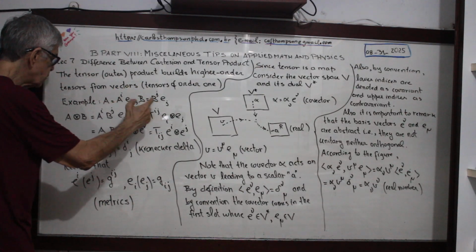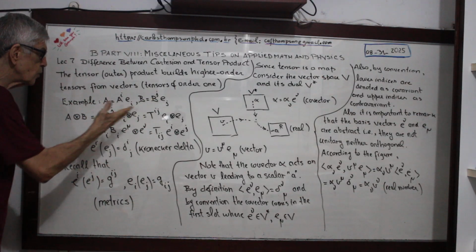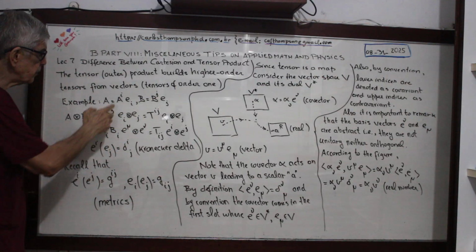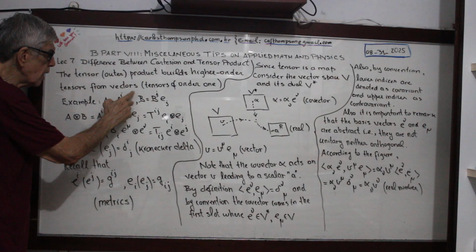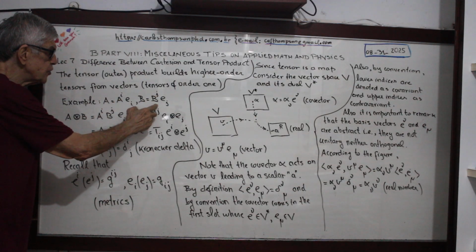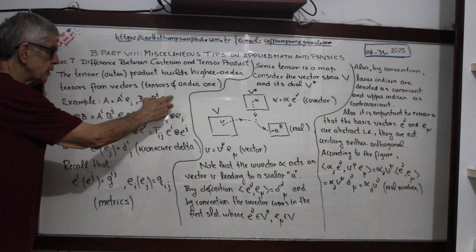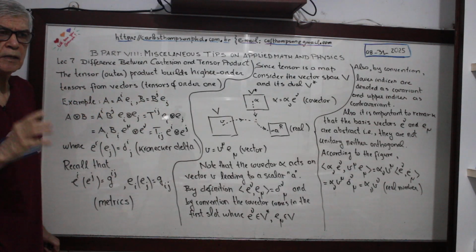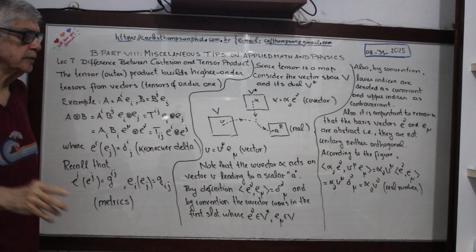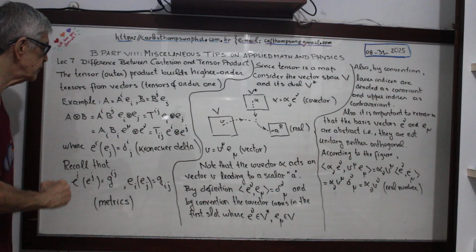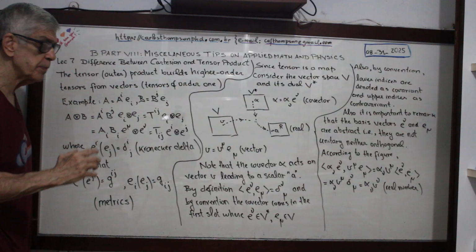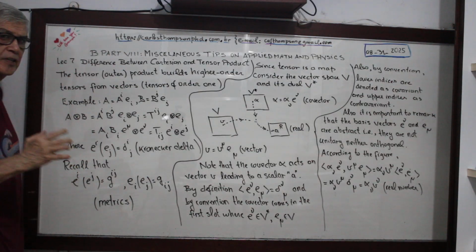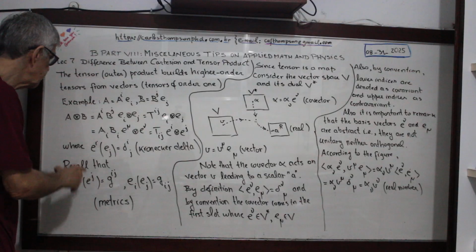In the same vectors, I could write using A^i e_i or B^j e_j with upper index, because vectors A and B are invariant. That's an important word for you to remember, as I emphasized in previous lectures.